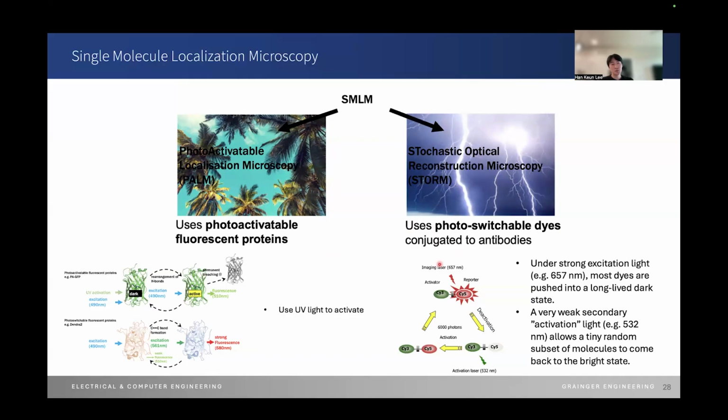They stochastically activate fluorescent molecules that are spread apart, and then use a localization method to create the super resolution image. However, they use different fluorescent molecules to achieve this. I'm not going to talk about both of them, but I want to talk about STORM in the rest of the lecture.